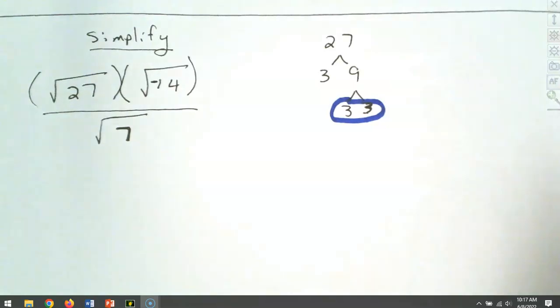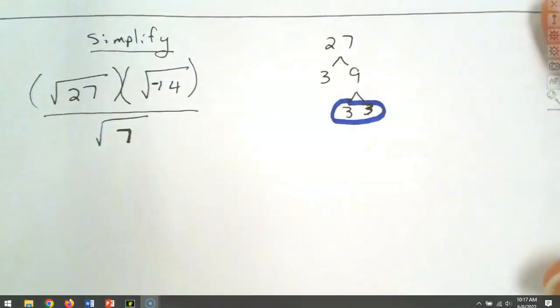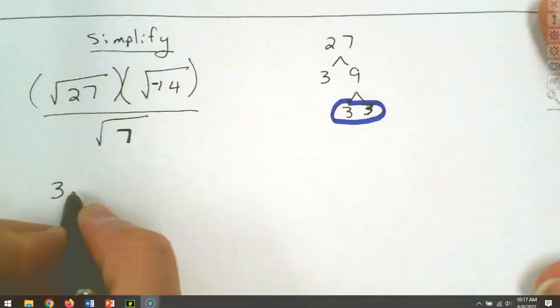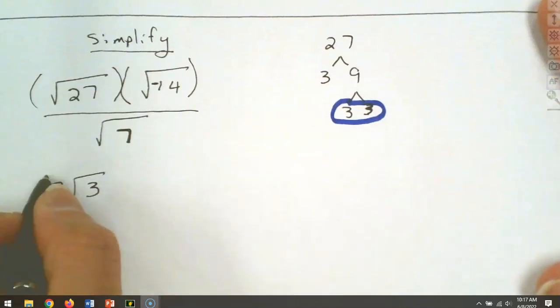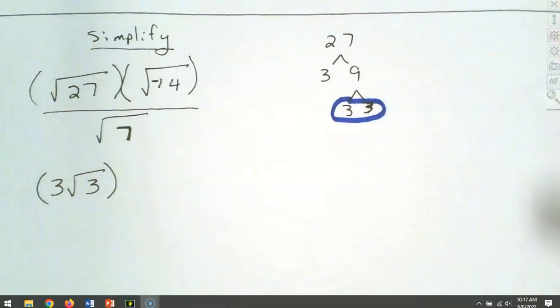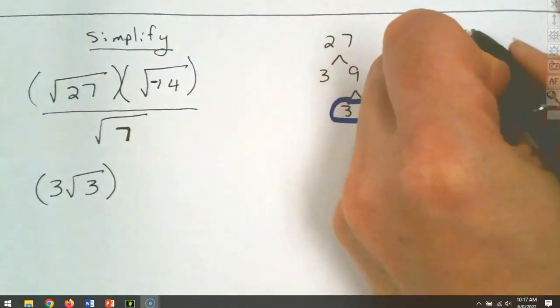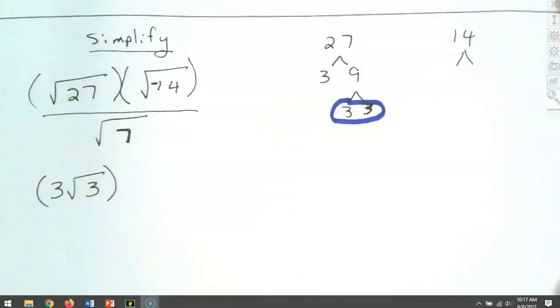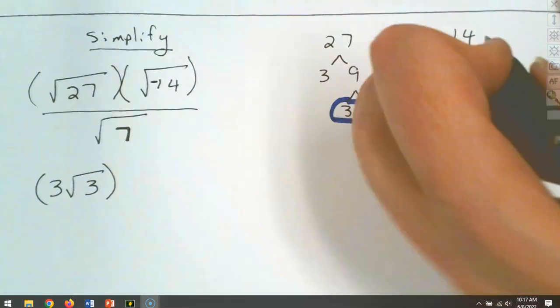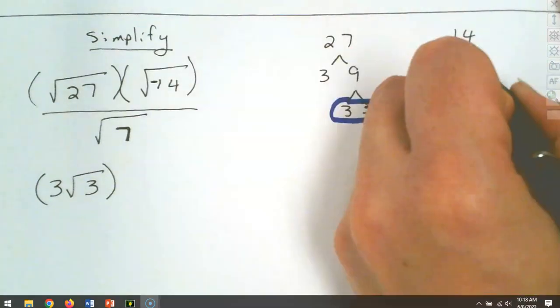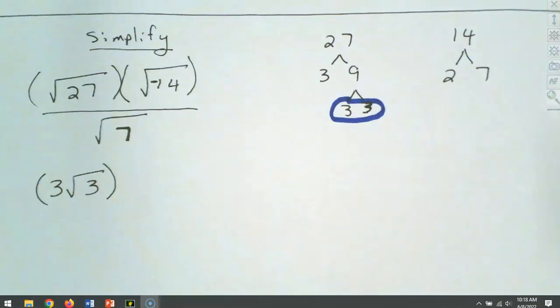No. Why not? 27 was positive. So that breaks down into 3 square root of 3. What about 14? 14 is 2 and 7. So it's not going to break down at all.